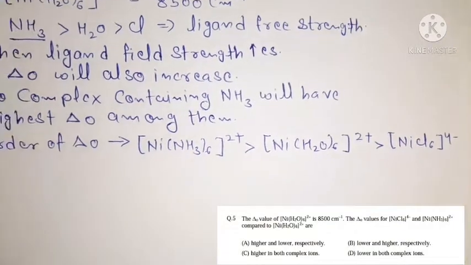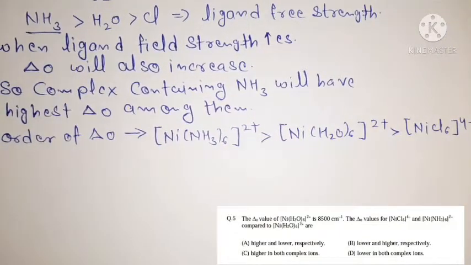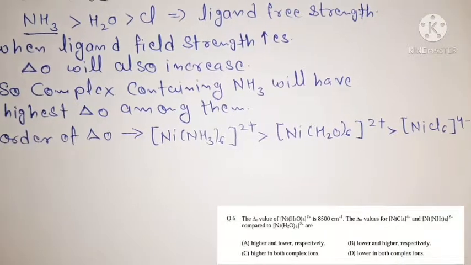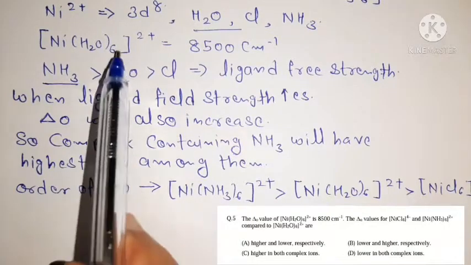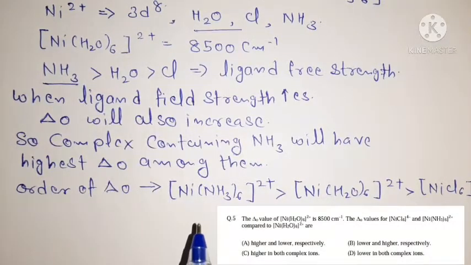Okay, this is the order of del O. Okay, so that means, and in the question we have a value for Ni(H2O)6 2+. So according to your question, the del O of NiCl6 is low and del O of Ni(NH3)6 2+ is high compared to Ni(H2O)6 2+.